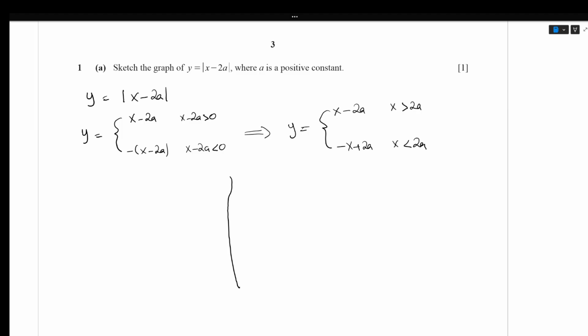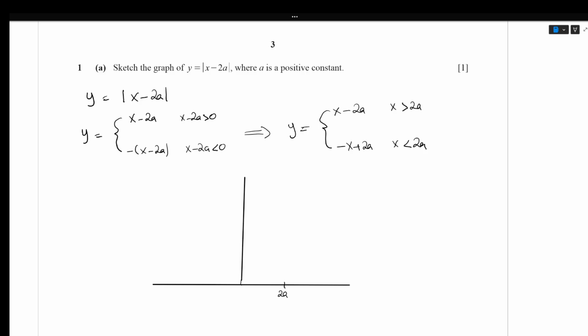This will be our y-axis, sorry, then this will be our x-axis. Let me just connect this. And a is a positive constant, so 2a will be a positive constant. Let's say this is 2a.